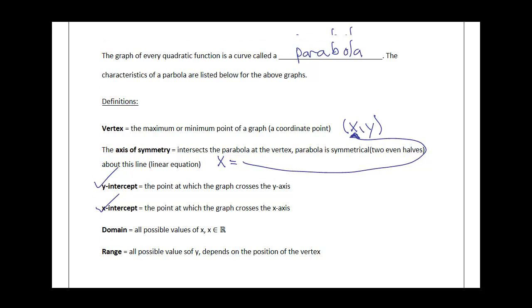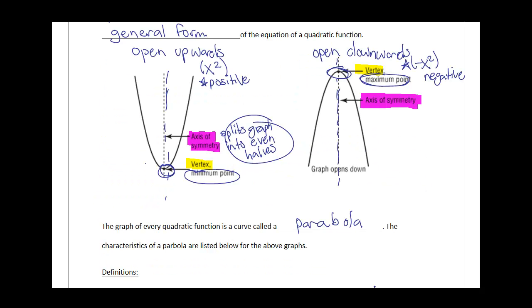If we go back up and look at our two parabolas, our x values are our horizontal distances. As we increase or decrease our x values, our parabola is just going to constantly stretch out in the direction that it's already going. Hence we say the domain is always x as a member of the reals, because it's just going to keep increasing or decreasing in both directions for x values.